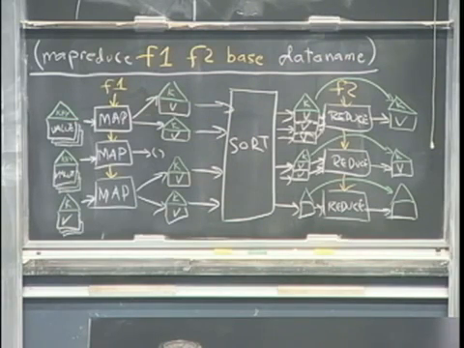So that's a two-argument function. So we take F1 and we apply it to one key-value pair at a time. And the result of that, what your mapper function has to return, is not a key-value pair, but a list of key-value pairs.